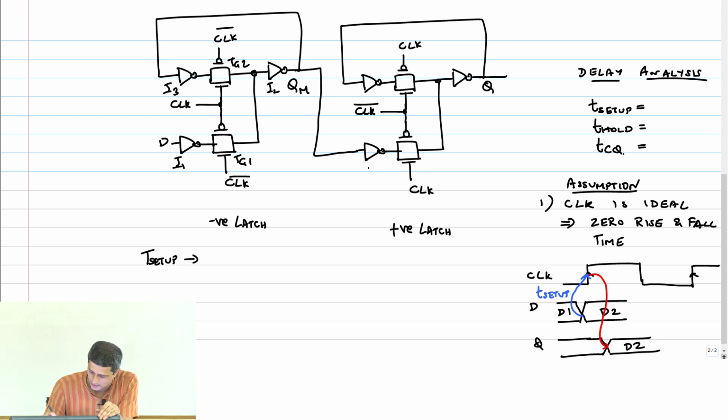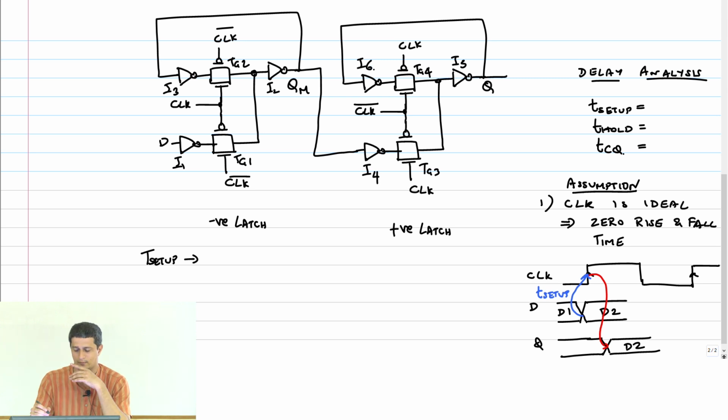Then I4, TG3, TG4, I5 and I6. I'm going to evaluate all these three quantities in terms of the delay of these gates, inverters and transmission gates.